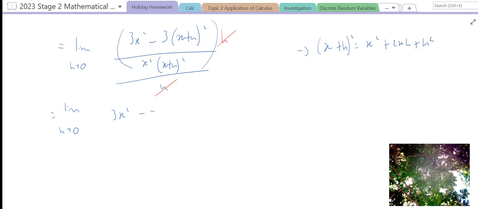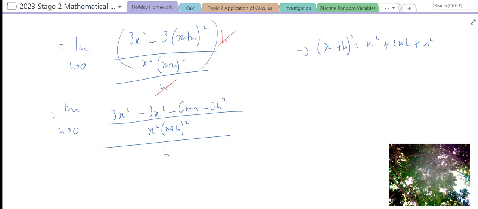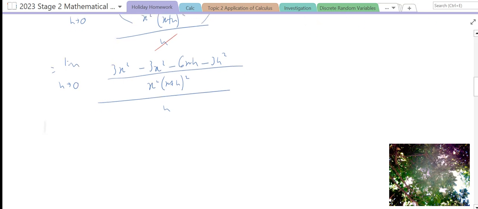So we've got minus 3x squared minus 6xh minus 3h squared. All right, and that whole thing is over x squared, x plus h squared, and it's all over h. All right, let's tidy up the top now.